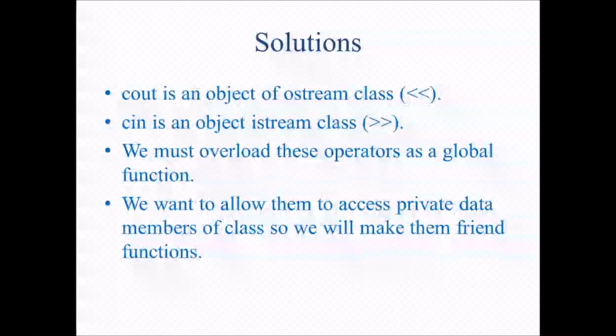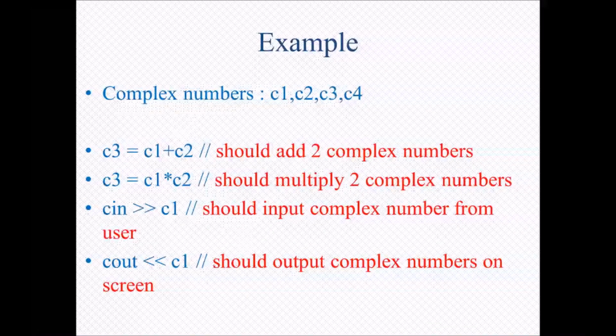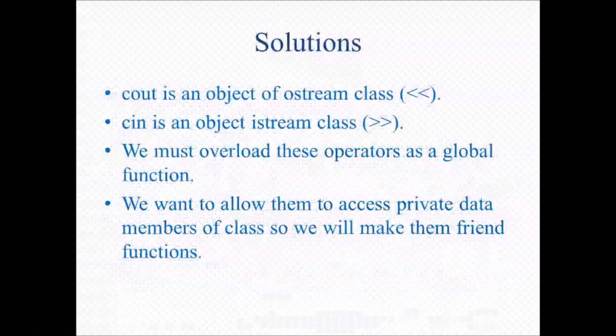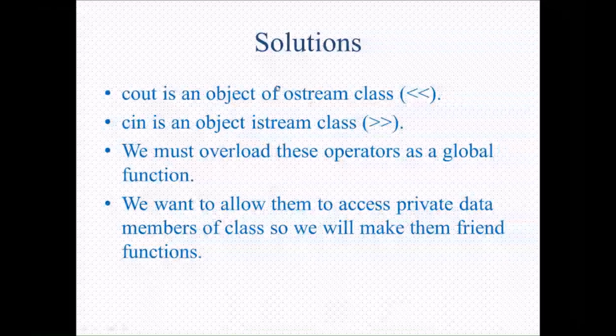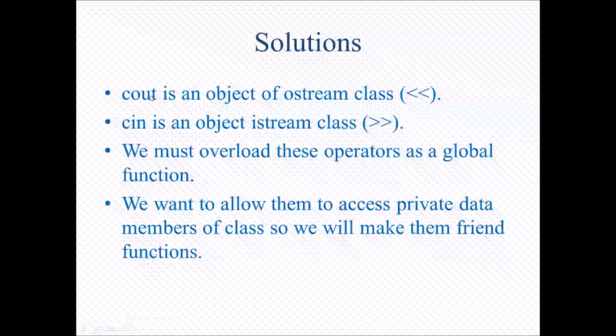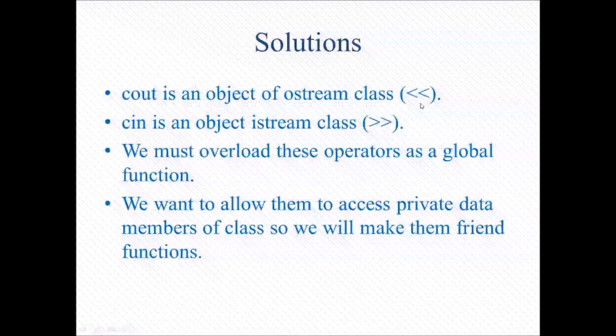So for the solution, as I told you, I have already posted a video for plus overloading. Now we'll see the star and the input and output operators. cout is an object of the ostream class. The ostream class is already present in C++, and cout is an object of that kind. cout is used along with this operator which we are going to overload.